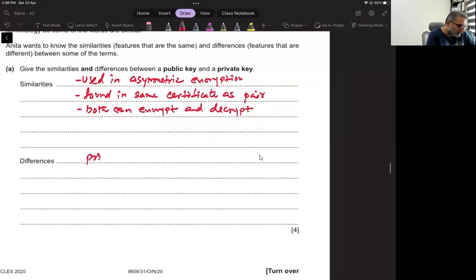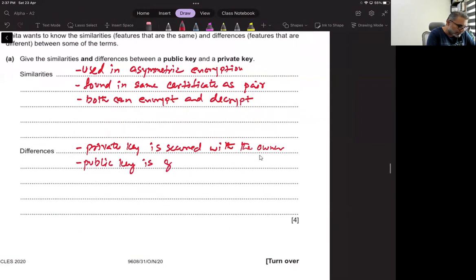Private key is secured with the owner. Public key is basically given to others.